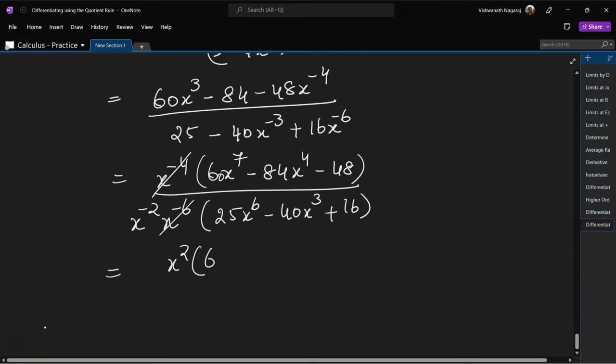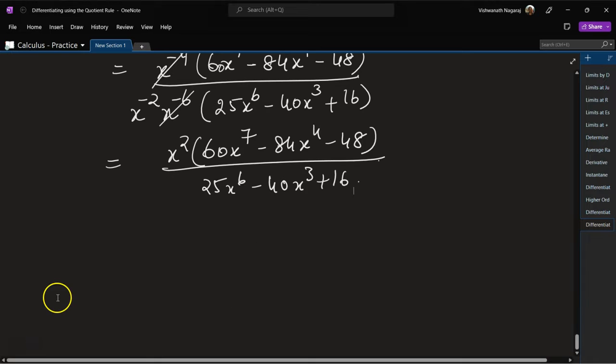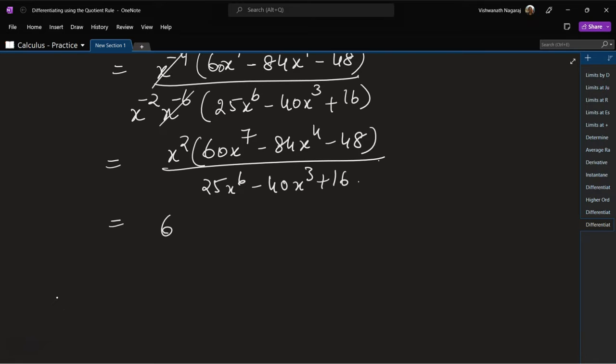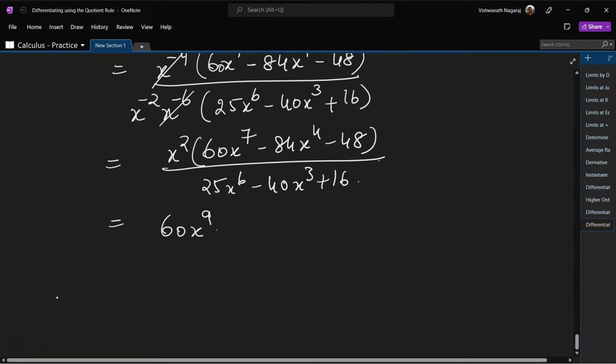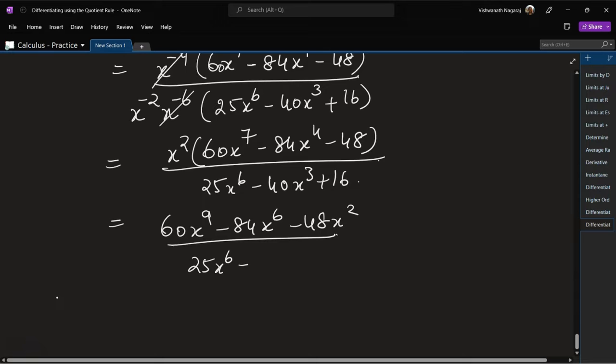So 60x to the power of 7 minus 84x4 minus 48 divided by 25x6 minus 40x cube plus 60. And finally, let's multiply it out. So 60x to the power of 9 minus 84x to the power of 6 minus 48x square by 25x6 minus 40x cube plus 60.